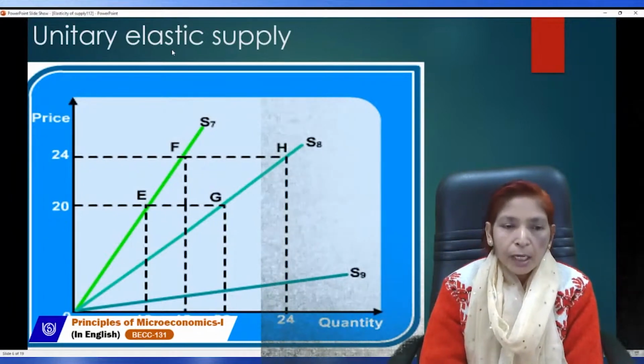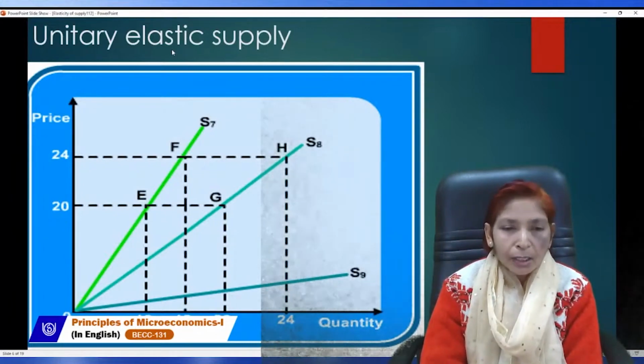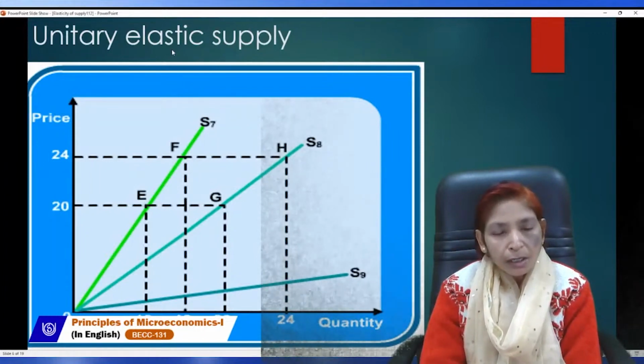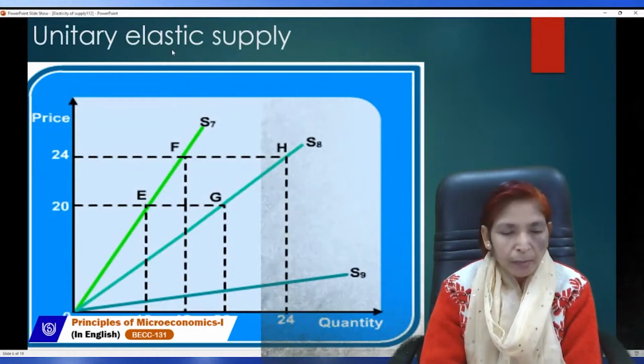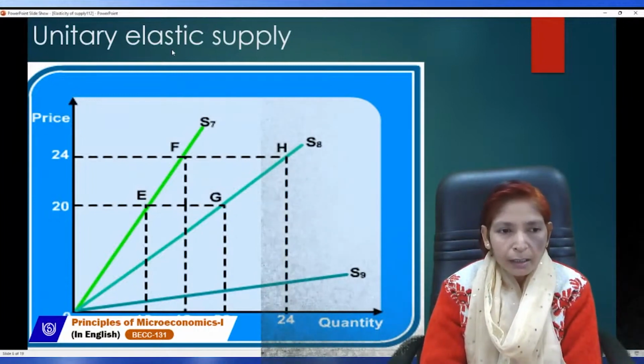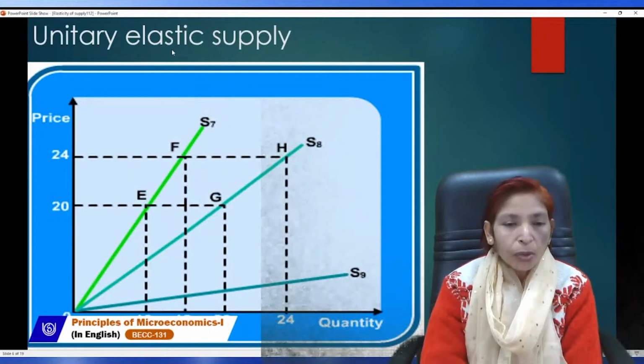But if any supply curve starts from the origin, it may be a 60-degree angle, 30-degree angle, 50-degree angle or 80-degree angle. But the line passes through the origin.